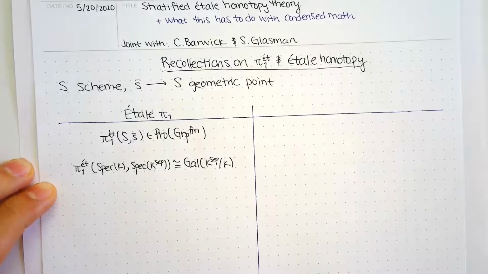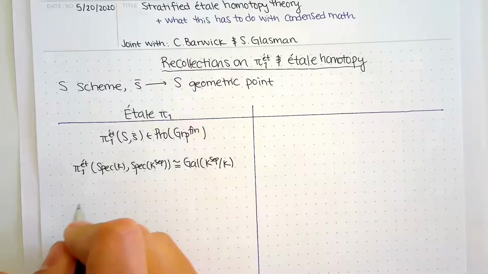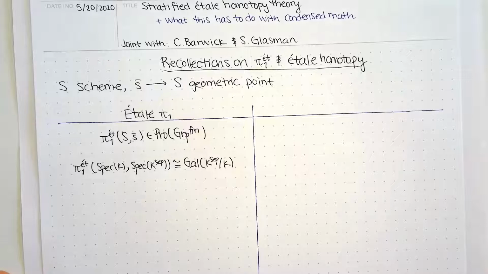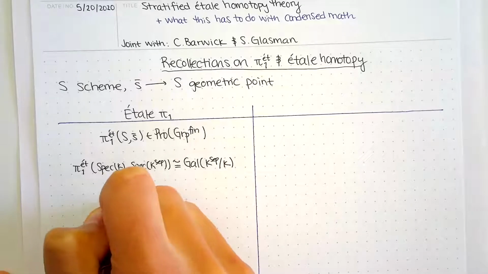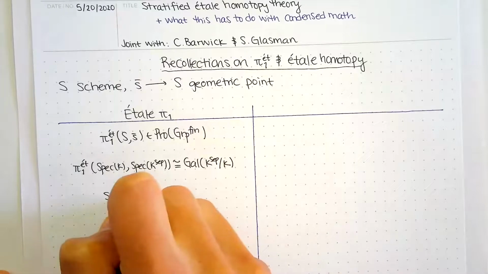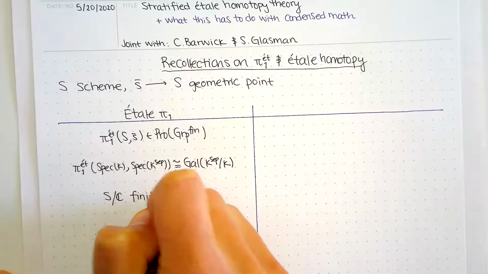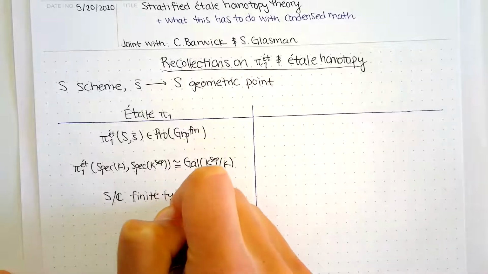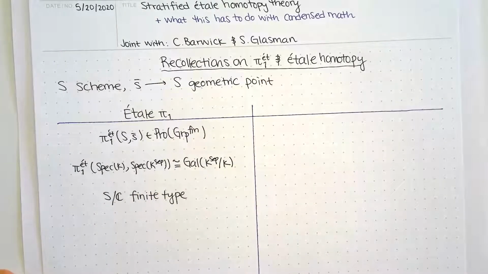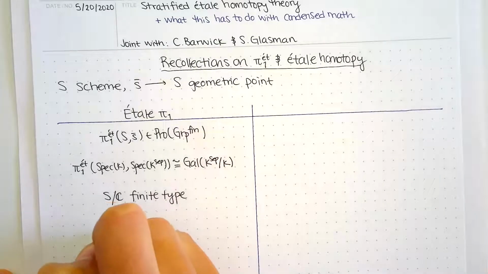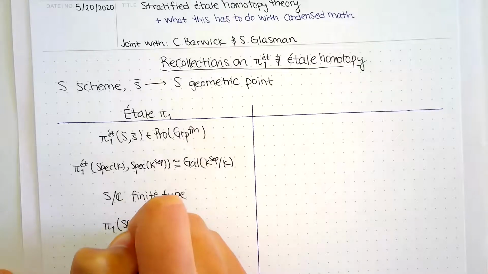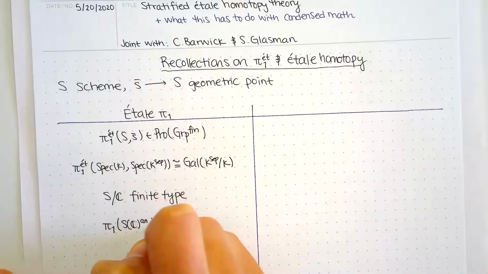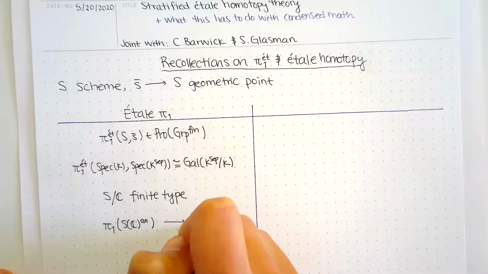There's a comparison to the complex world. So if S is over ℂ and it's of finite type, so we can reasonably talk about the corresponding analytic space, then there's a map from the usual π₁ of the complex points in the analytic topology to π₁ étale.